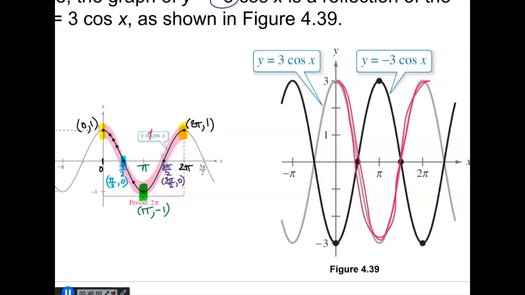Now the maximum points are here at 0, 3 and at 2 pi, 3.